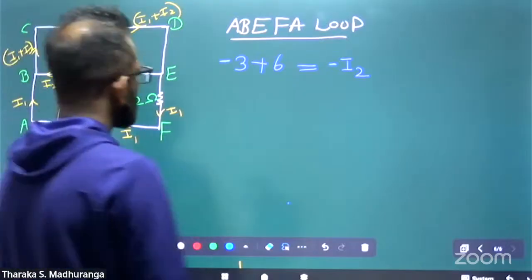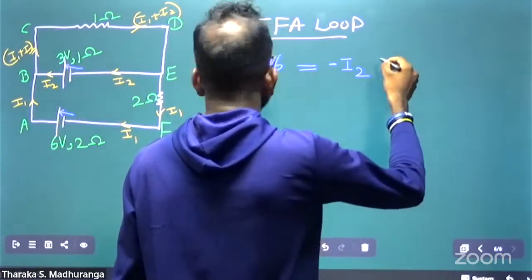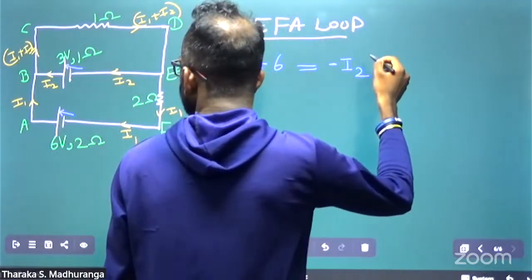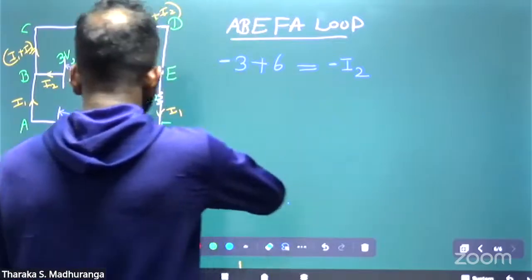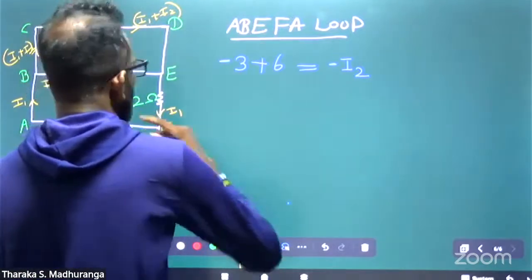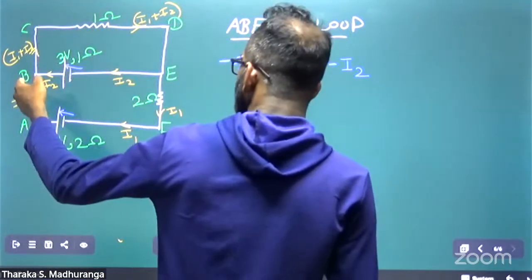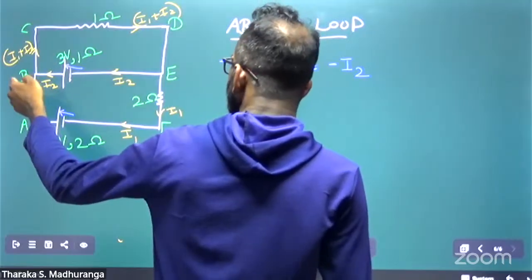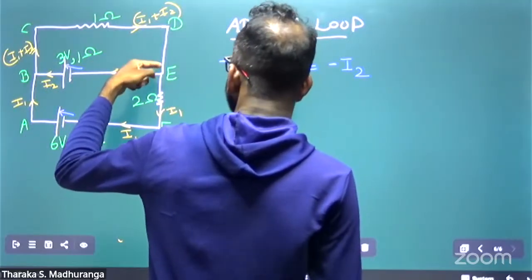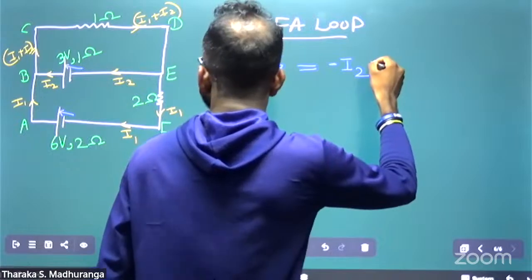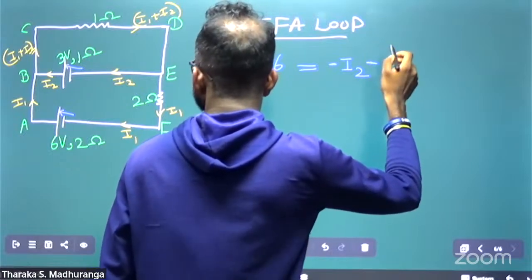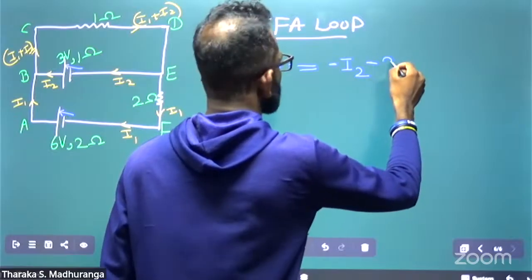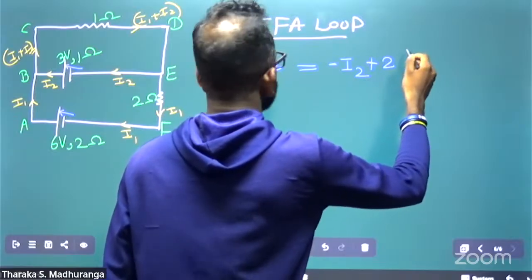Now come to here. Our direction. A to B, okay. B to E, okay. E to F now. Our direction and current direction are the same: 2 I1.